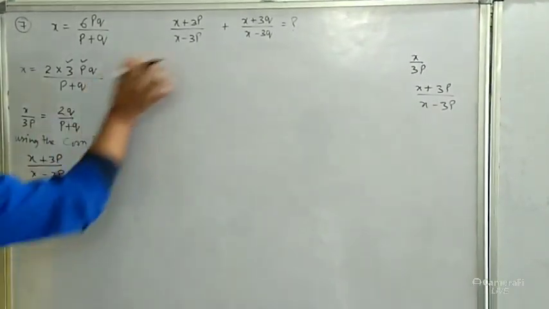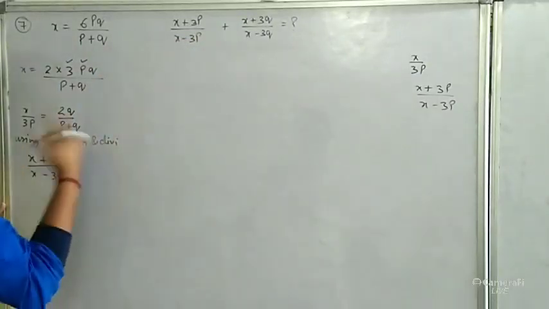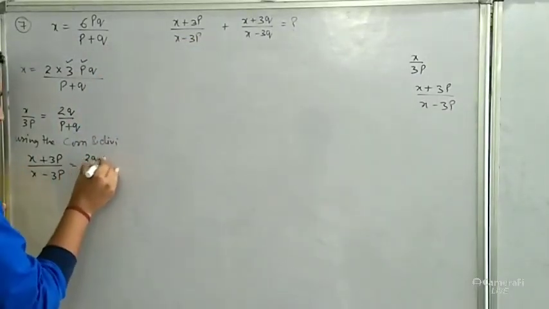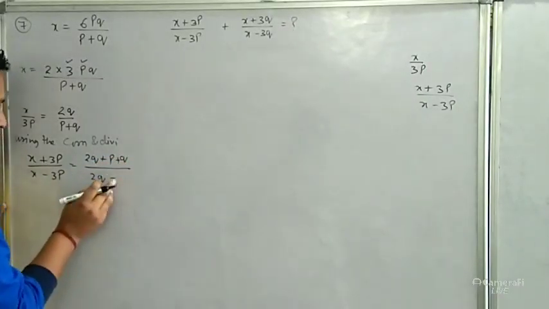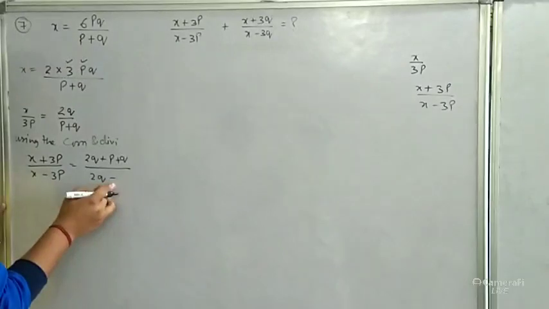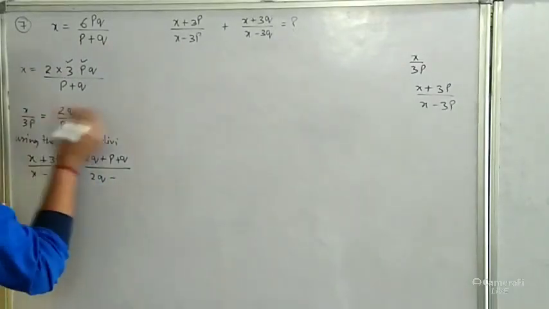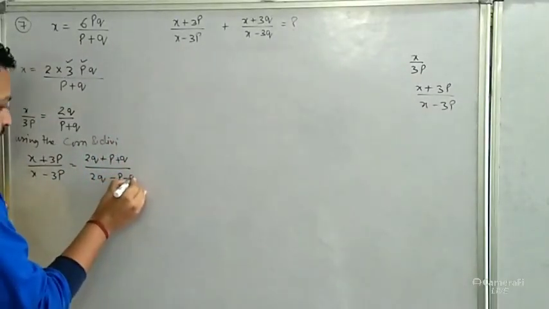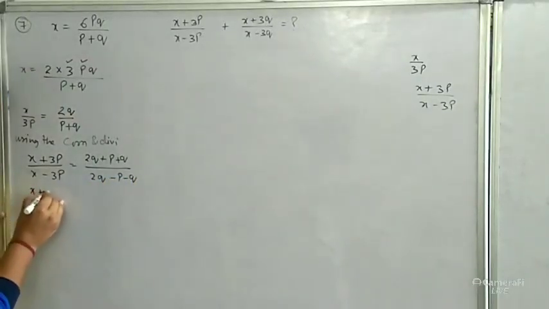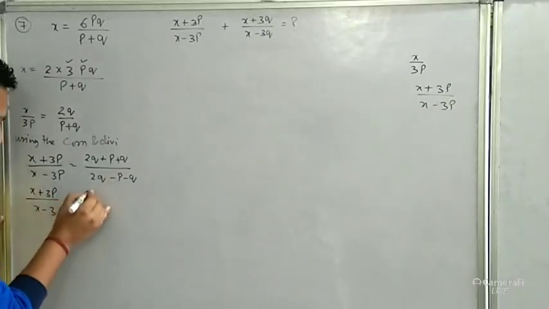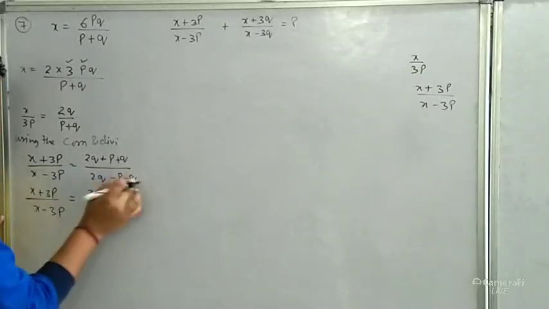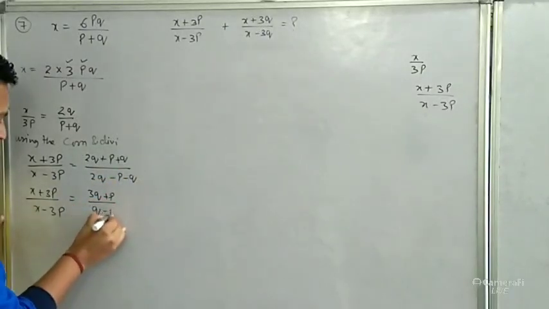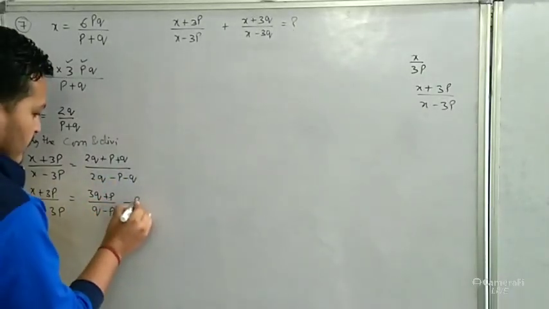Similarly on the right hand side, 2q plus p plus q upon 2q minus, and please remember this, minus is coming here and it multiplies the whole bracket, minus p minus q. So x plus 3p upon x minus 3p is equal to 3q plus p upon 2q minus q, so it is q minus p. Suppose that is your equation number first.